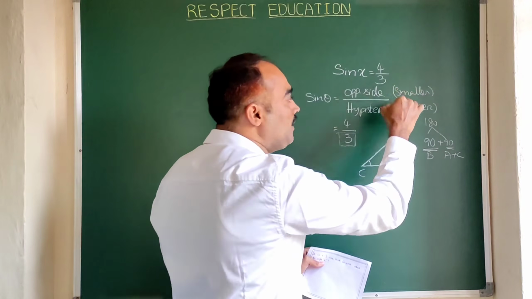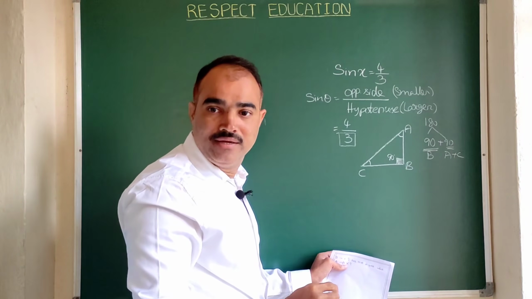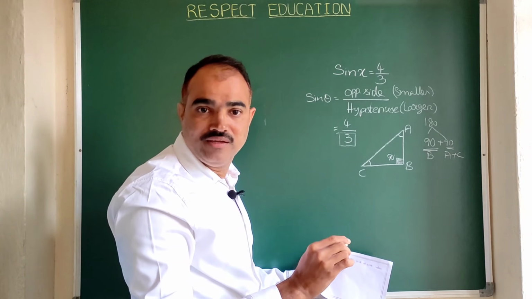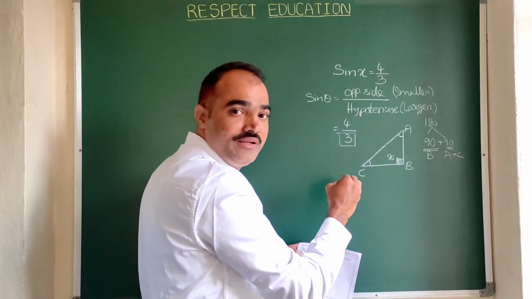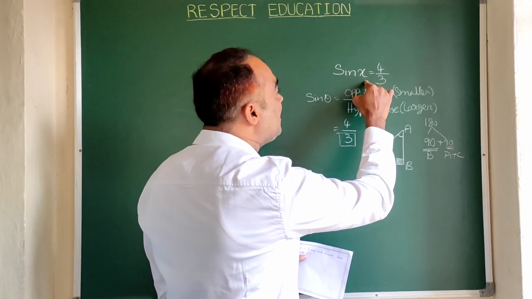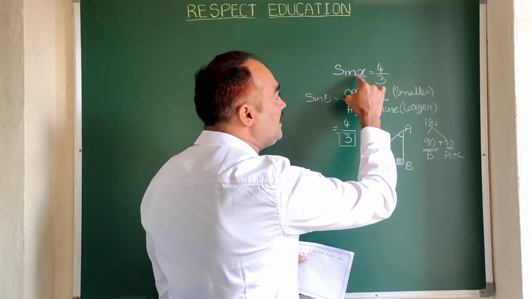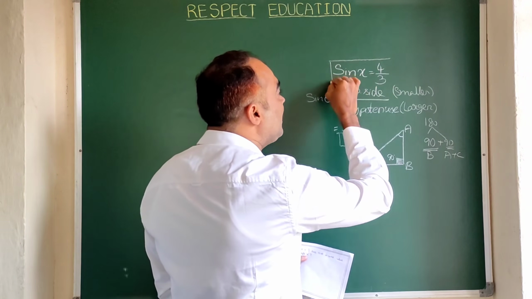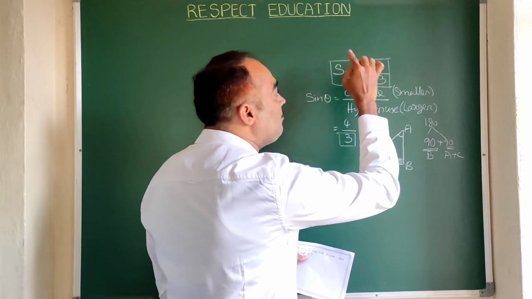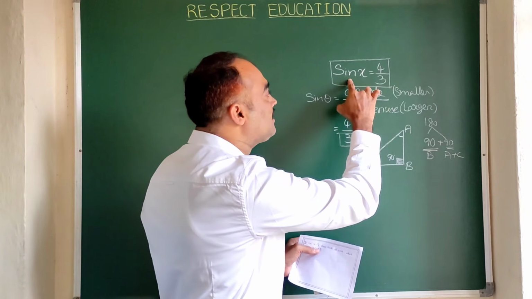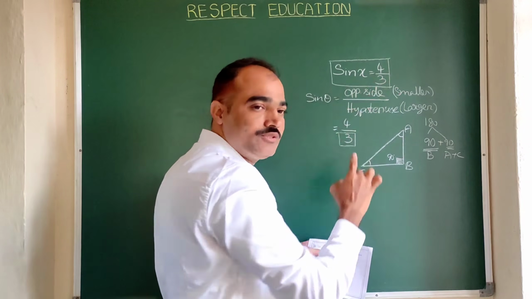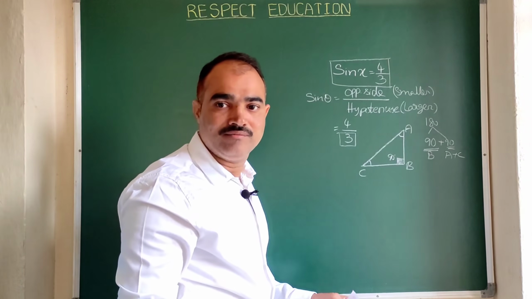So the fraction should be small by big. Here we got big by small. That's why for sin x, a value like 4 by 3 does not exist for any value of x. For any angle, sin x will never become a bigger value divided by a smaller value. Is it clear?